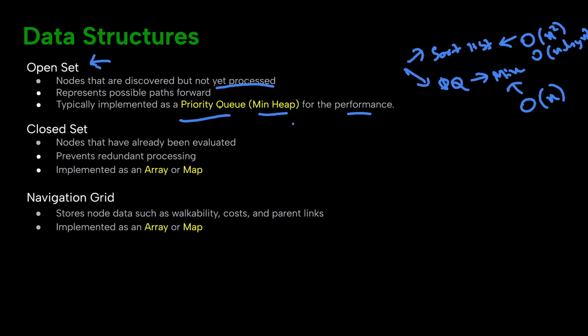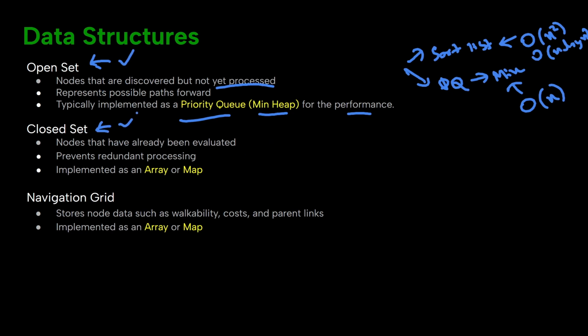If our algorithm is not optimized, the overall performance of the game will drop as well. So always make sure that you implement your algorithms, but they should be optimized as well. Okay, so that's the first type of data structure, which is the open set.